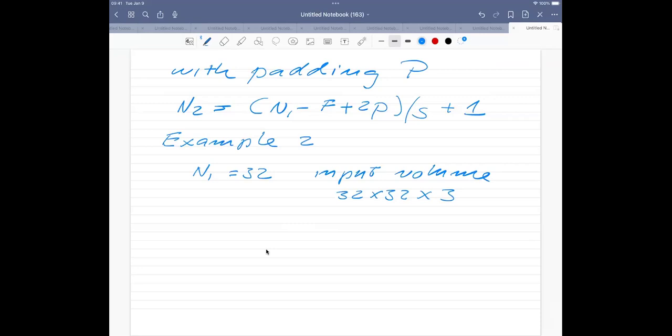And suppose now that we want to make 10 copies through a 5 times 5 filter.